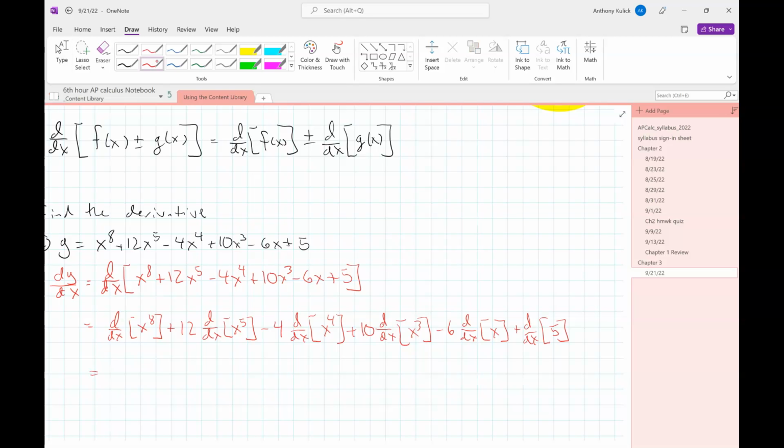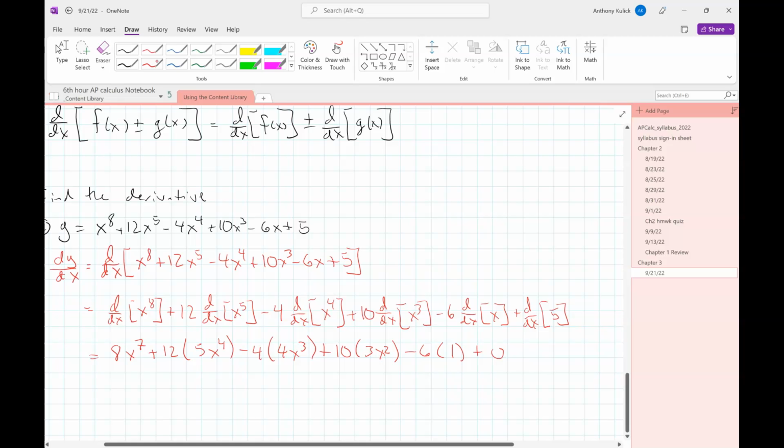Okay, so now it's just derivative time. I'll go ahead and do my derivatives, and then I'll do some simplifying to combine like terms or multiply some stuff out.